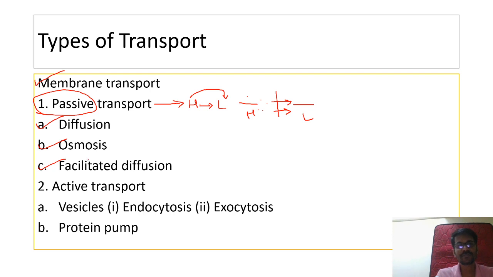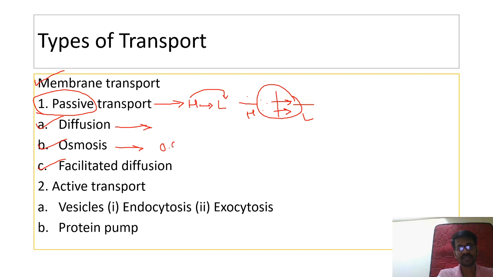What is the difference between diffusion, osmosis, and facilitated diffusion? We'll discuss here. Diffusion is simply the transfer of molecules or ions from higher concentration to lower concentration, with or without involvement of a semi-permeable membrane. Next is osmosis. Osmosis is again a passive transport process, and an important concept here is osmotic gradients.